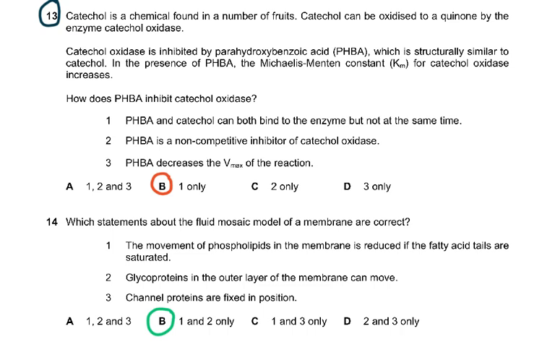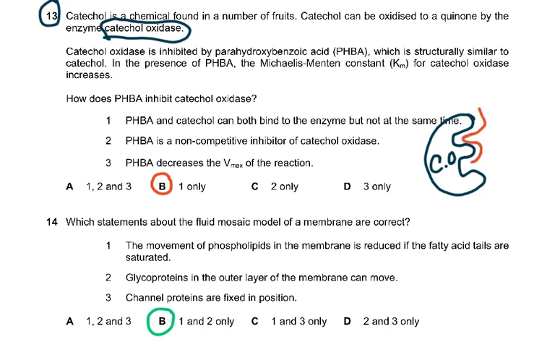PHBA and catechol can both bind to the enzyme but not at the same time. PHBA is a non-competitive inhibitor of catechol oxidase. PHBA decreases the Vmax of the reaction. Here's the question, catechol oxidase is the enzyme, right? And what is the substrate? The substrate is catechol.